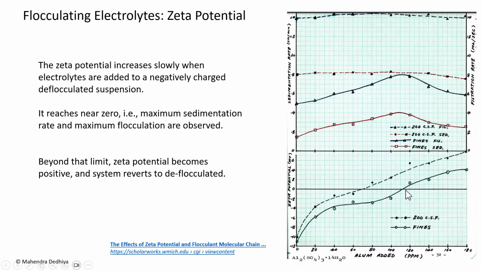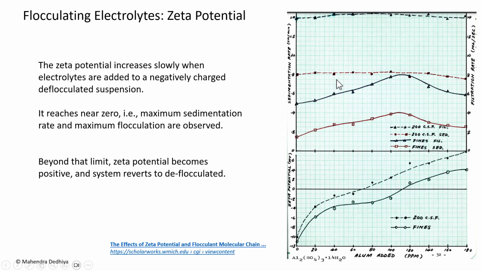From the previous discussion, zeta potential close to 0, plus or minus 5, will produce flocculated suspension. Zeta potential of large numbers will produce deflocculated suspension. Flocculated suspension will sediment relatively fast. Deflocculated suspension will take longer time to sediment.